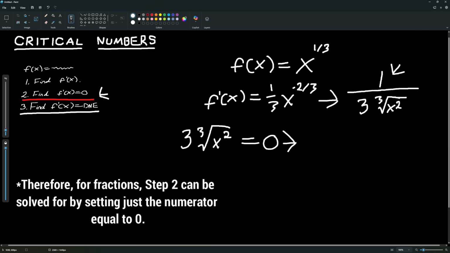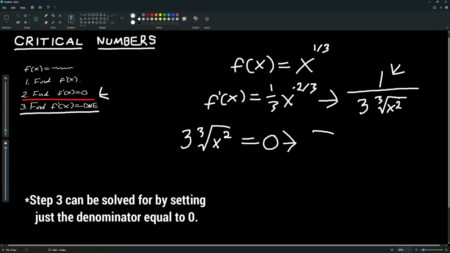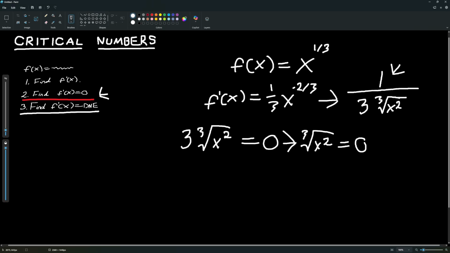When we go through the steps here, we get the cube root of x squared equals 0. Then we get x squared equals 0. And then we get x equals 0. So this would be our critical number. That's an example of having to solve for DNE.